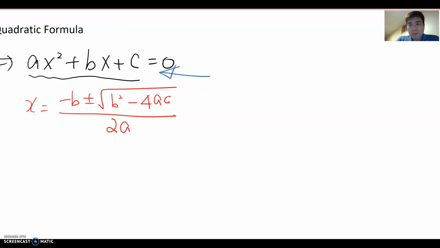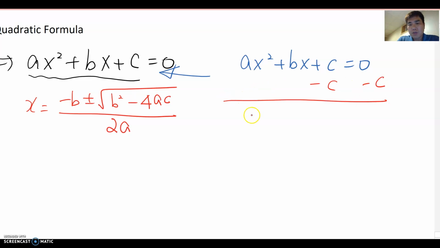Beginning with ax squared plus bx plus c equal to 0, the first step is we always move the constant value to the other side. So I'm going to subtract c on both sides. Then this will be ax squared plus bx equal to negative c so far, right?